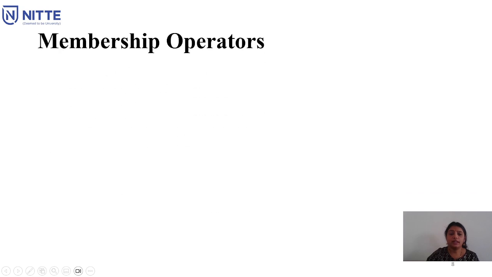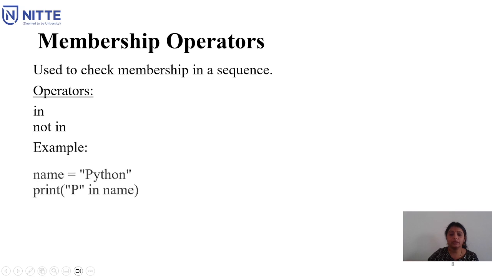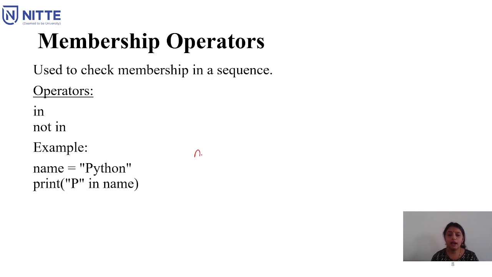Moving forward, let's try to understand what membership operators are. Membership operators are used to check within a sequence. The operators involved here are in and not in. For example, name is a variable declared and the value given is Python. Now, in the print you're checking whether P is in name or not.